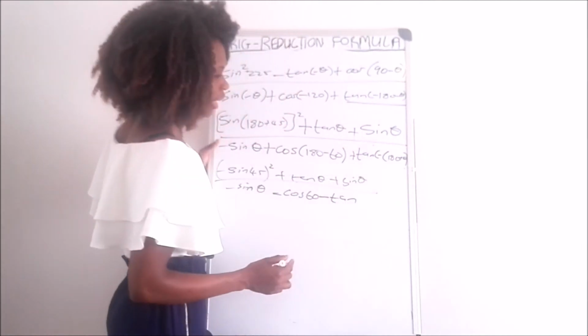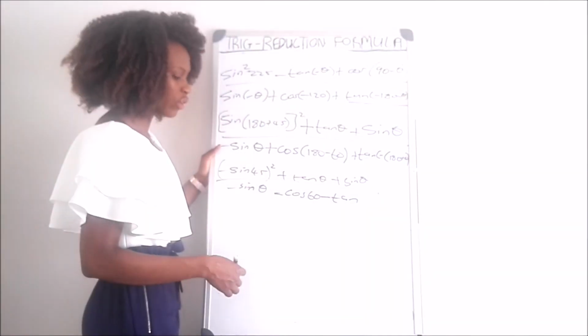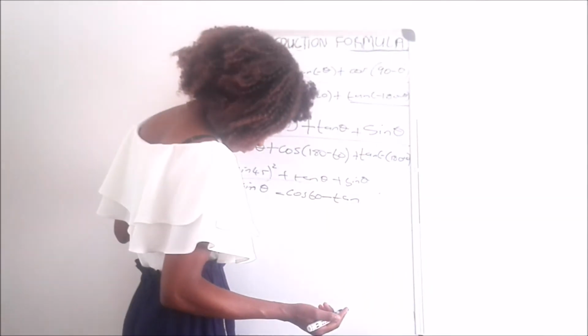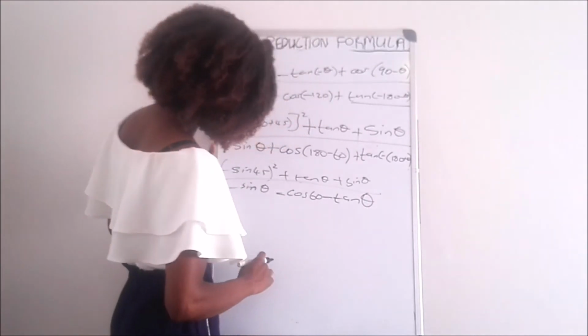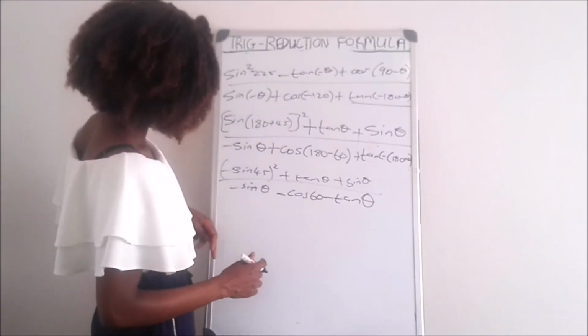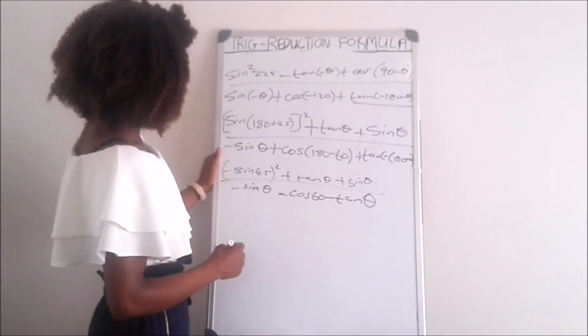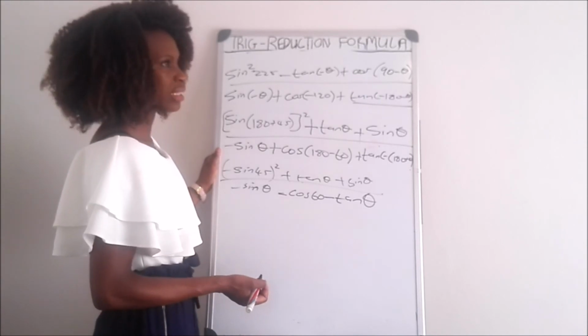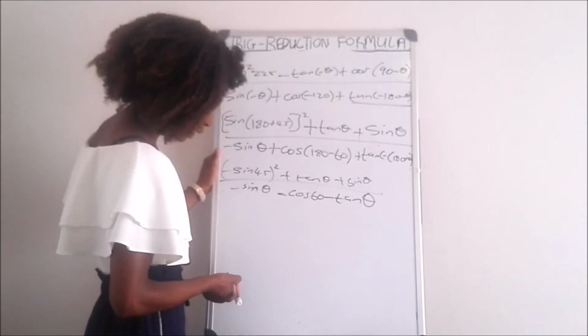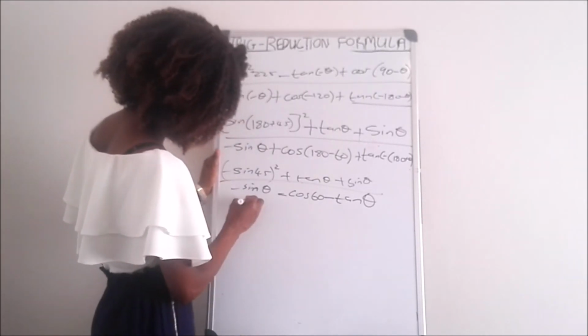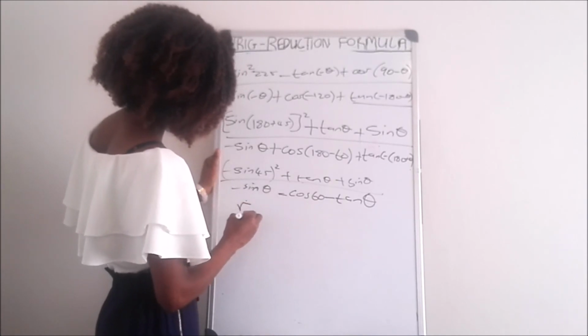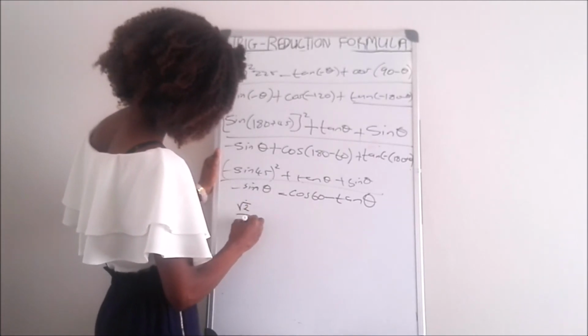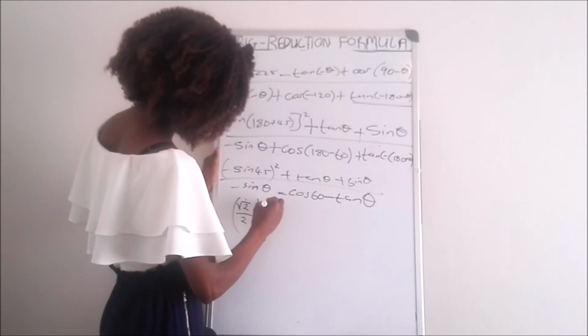But because 180 plus theta is in the third quadrant, where tan is positive, it will be minus tan theta. Alright? Then moving to this part, negative sine 45, according to special angles, sine 45 is equal to root 2 over 2, squared.